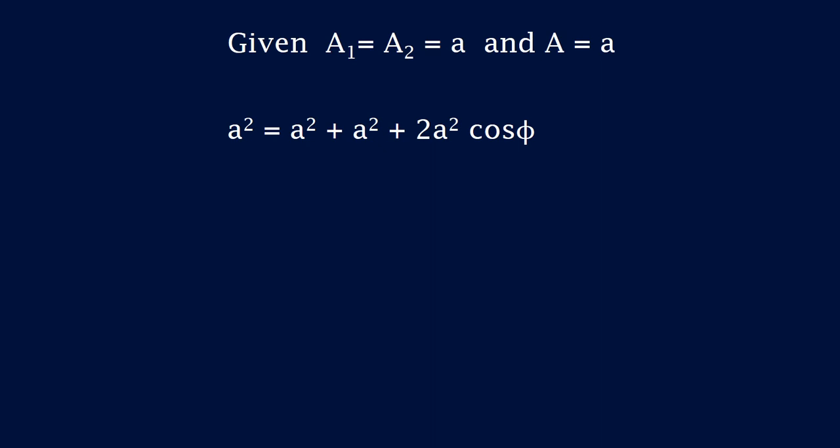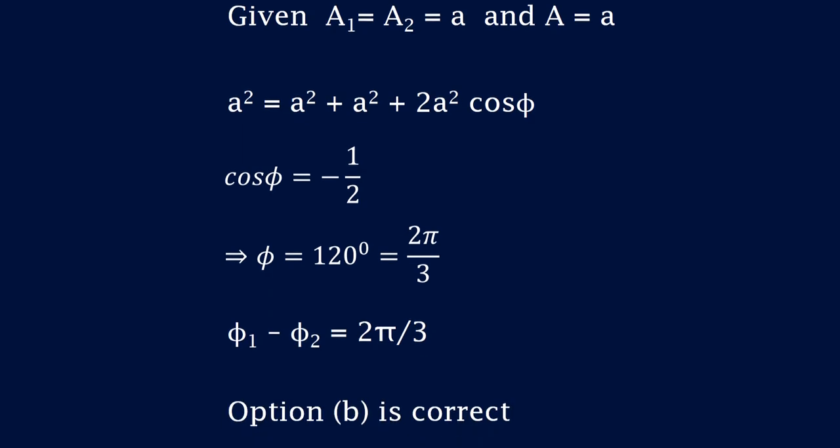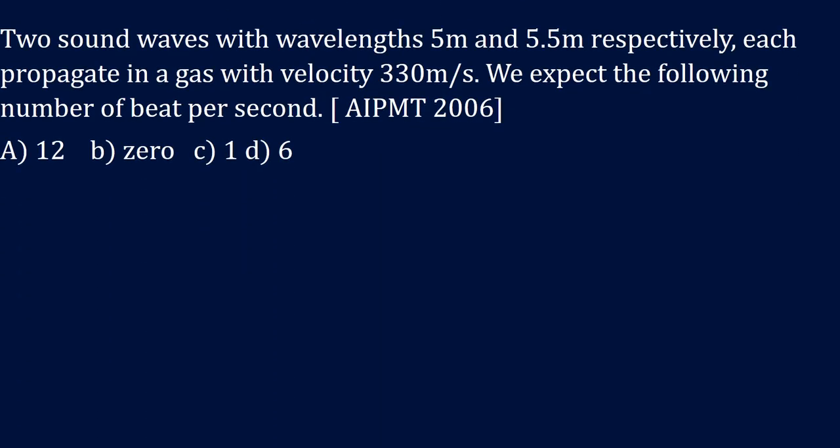It is given that A1 = A2 = A and S = A. Therefore, A² = A² + A² + 2A² cos φ, which implies that cos φ = −1/2. Therefore, φ should be equal to 120 degrees or 2π/3. As stated earlier, φ denotes the phase difference. Therefore, φ1 − φ2 = 2π/3. Option B is correct.